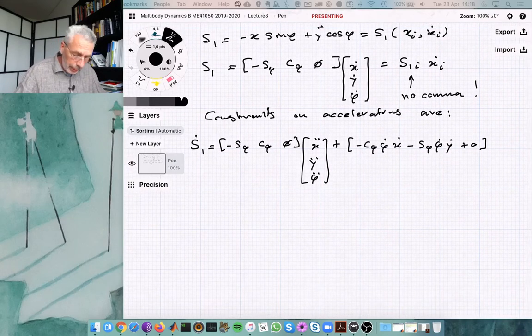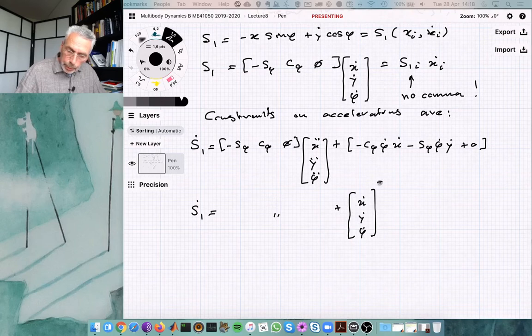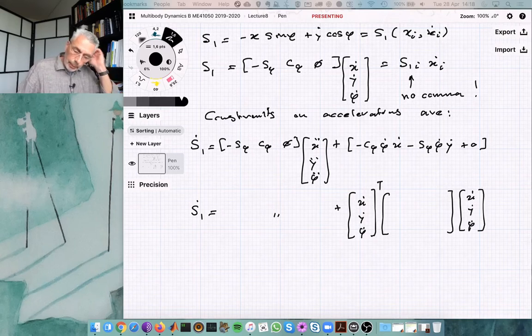So we can also write that in another form. S dot 1 equals, and I copy this, plus, and then I can write it like this: x dot, y dot, phi dot, transpose, times a big matrix, a 3 by 3, and then x dot, y dot, phi dot. And then this big matrix, how does it look? Well, the outcome of this is, of course, a scalar. That's clear, because this 3 by 3 times a 3 is a vector, and then this transposed vector times this vector is just a scalar.